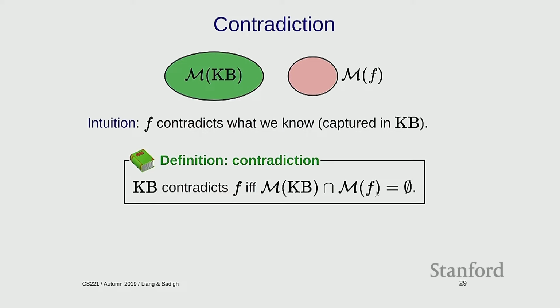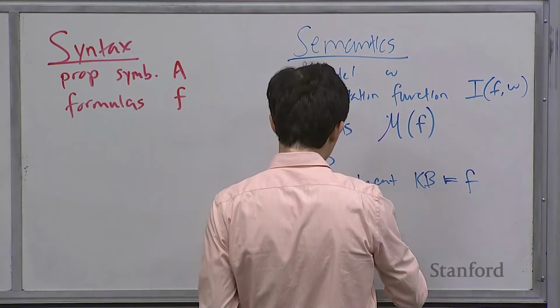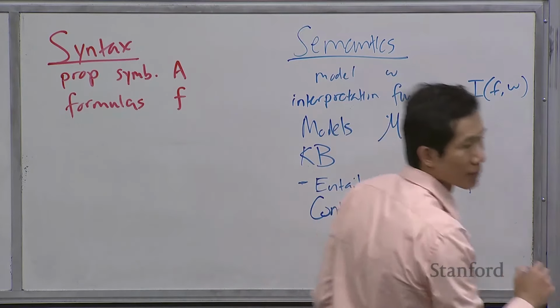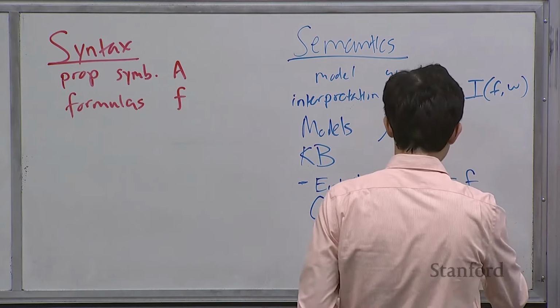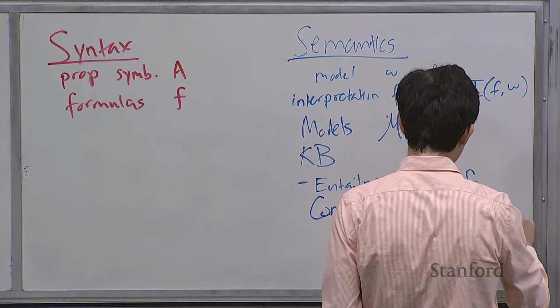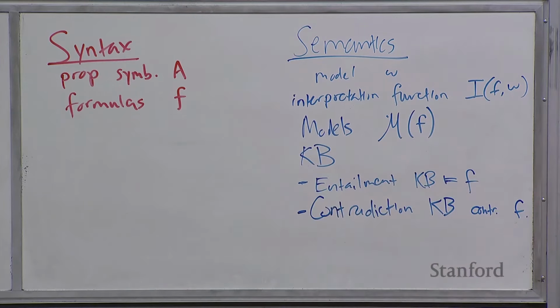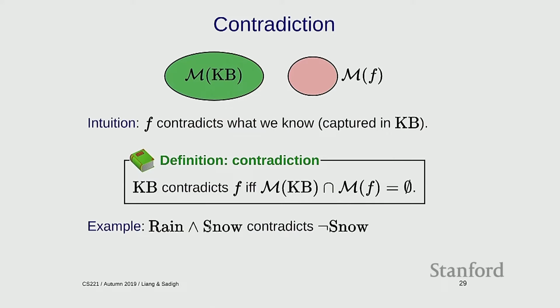Okay, so that's a contradiction. If you knew it was raining and snowy and someone says it's actually not snowing, then you would be like, no, that can't be right.